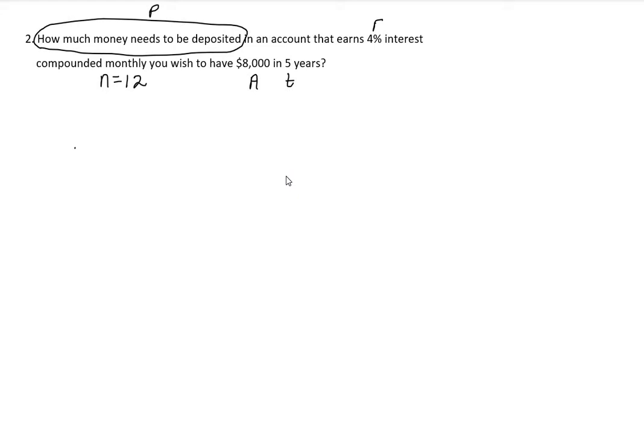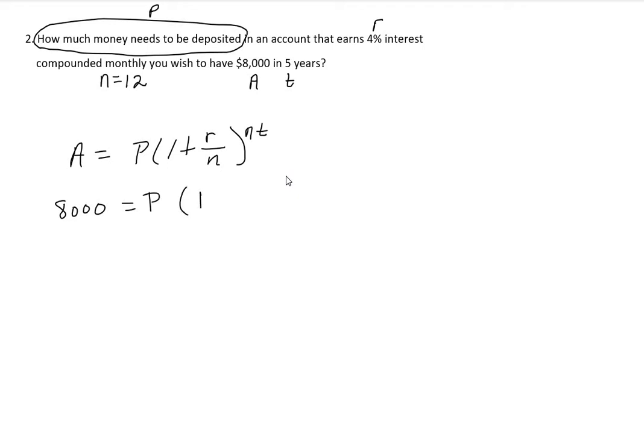So again, I'm going to start off by writing out my formula. A equals P times 1 plus R over N to the N times T power. A is 8,000.